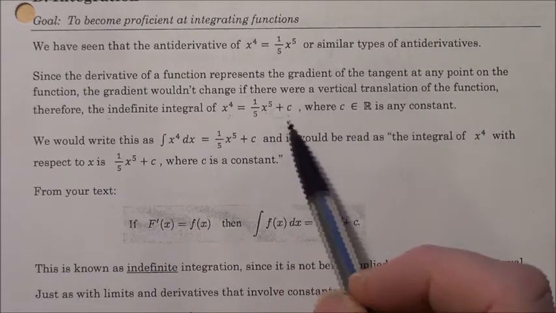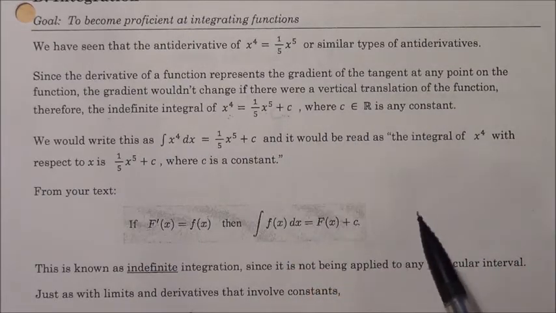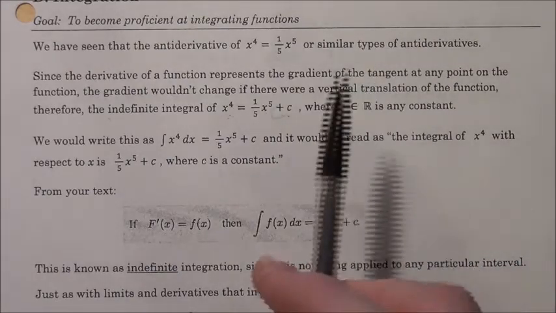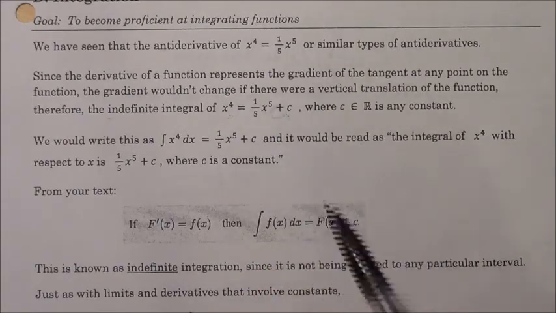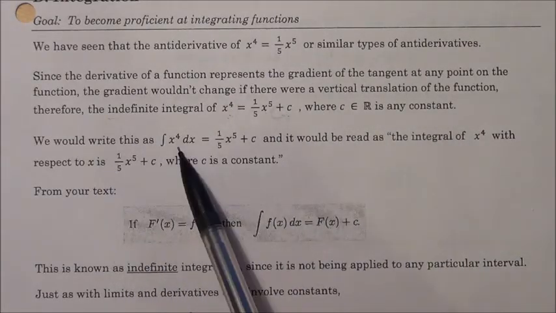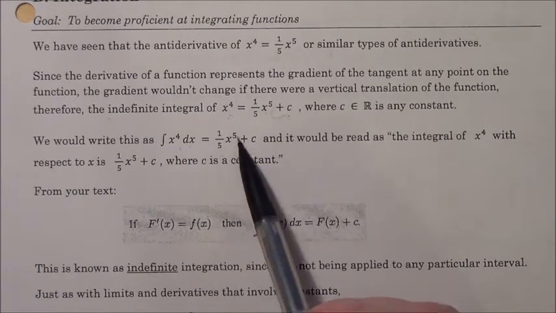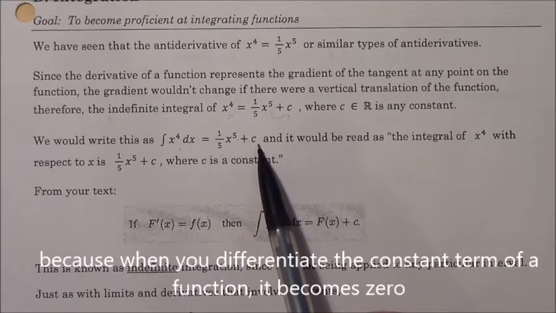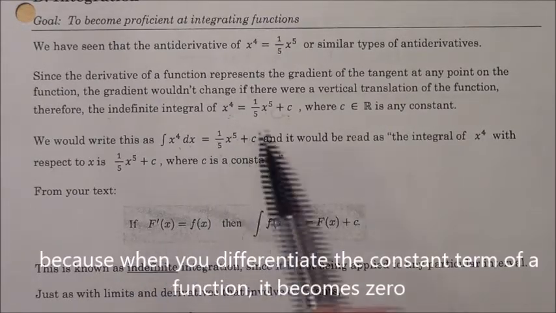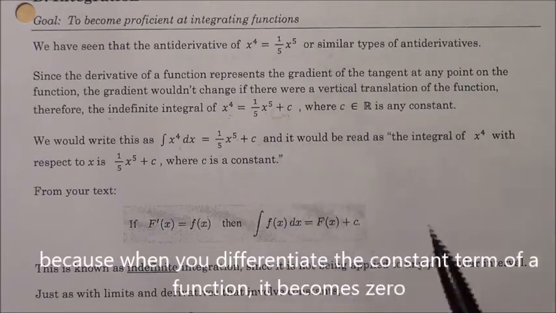So we can just add that in to be a little bit more precise with our integration. So the integral of x to the power 4 with respect to x becomes 1 over 5 x to the power 5 plus c, and c is just some sort of constant.